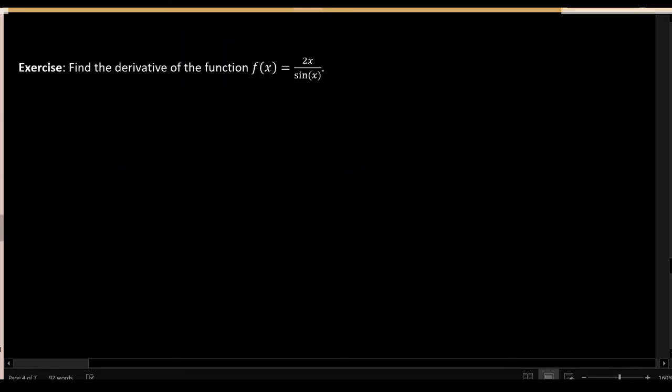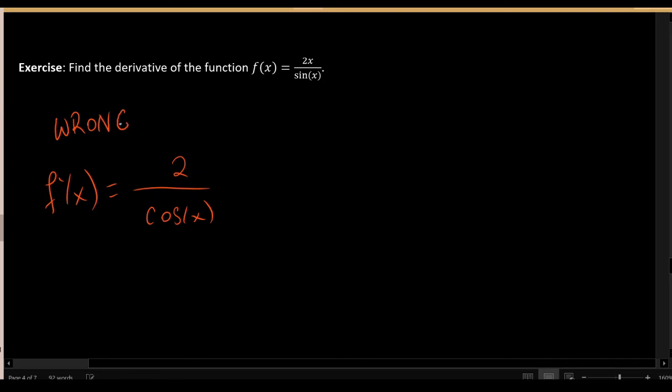Here's another situation where folks can easily get mixed up. Find the derivative of the function 2x divided by sine x. Someone looking at this might decide that they're going to take the derivative of the numerator and the denominator separately. Maybe this will give them the derivative of the entire fraction. But this is definitely incorrect.